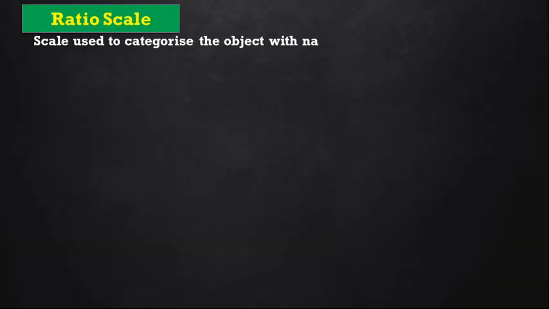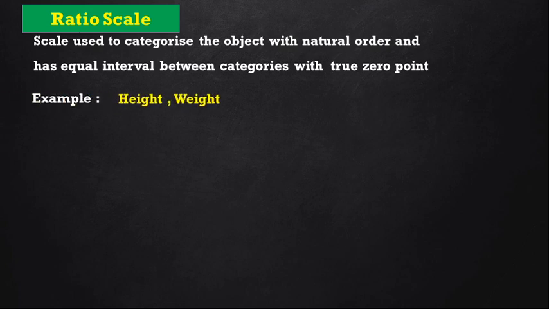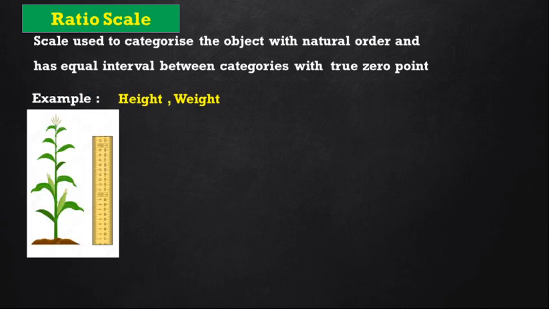Ratio scale: the scale used to categorize the object with natural order and equal interval between the categories, with a true 0 point. That means 0 has its meaning. For example, the height or weight of a particular object. If you want to measure the height of a crop, we use centimeters or meters.